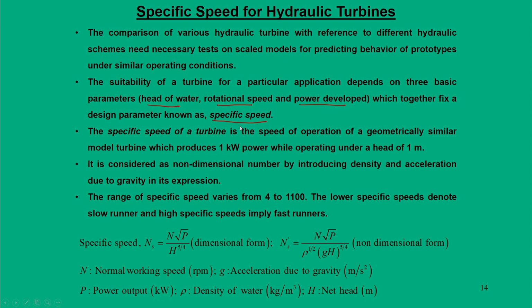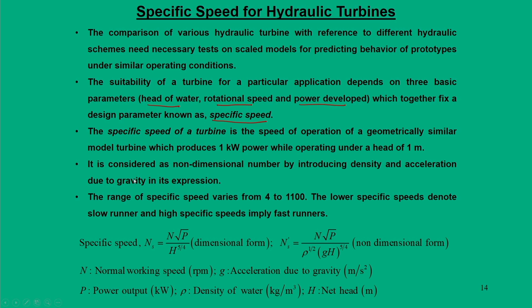By considering this, the specific speed of a turbine is defined as the speed of operation of a geometrically similar model turbine which produces 1 kilowatt power while operating at a head of 1 meter.